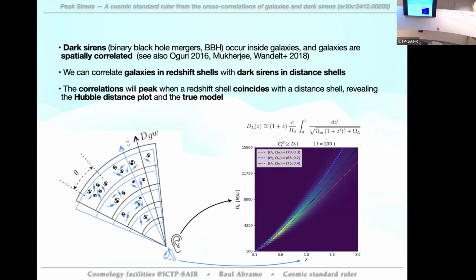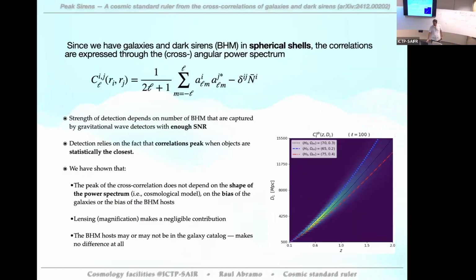And Mukherjee and Van Delt were looking at how to extract information from the amplitude of the cross correlation. You just take, let's say, the diagonal here and look at that amplitude. They were not cross correlating different redshifts and different distances. So that's it. Now let's go into more details.